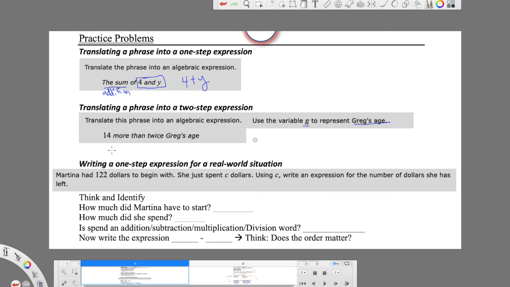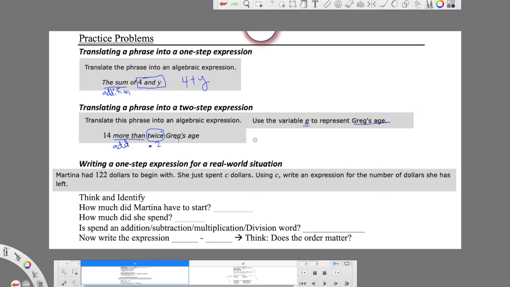First off, 14 is 14. I don't have to worry too much about that. But "more than" tells me that I'm adding again, because that's in our addition section. "Twice" tells me that I'm multiplying, not just multiplying by anything, but specifically multiplying by 2.